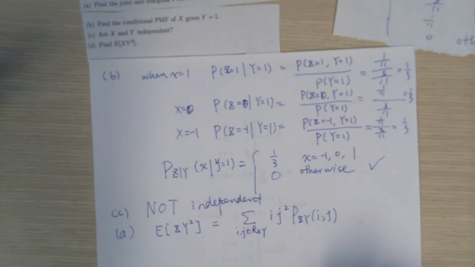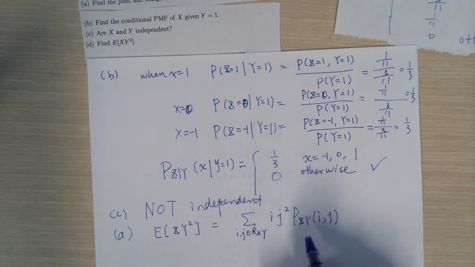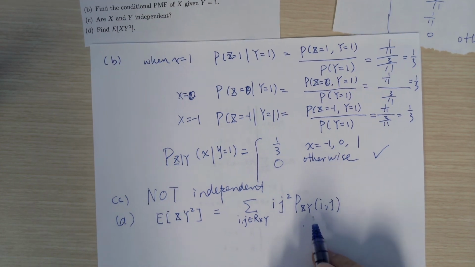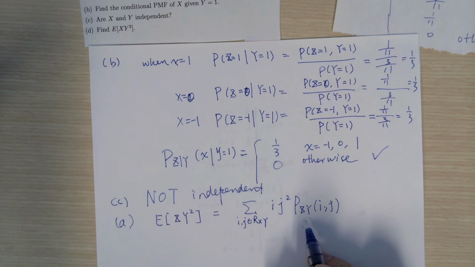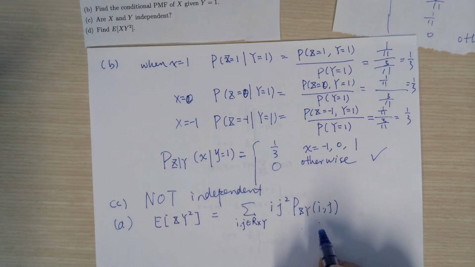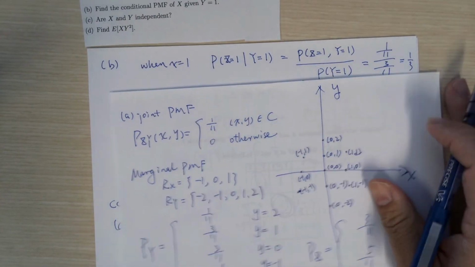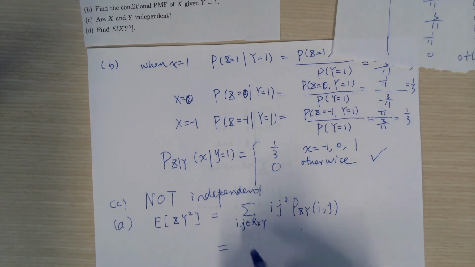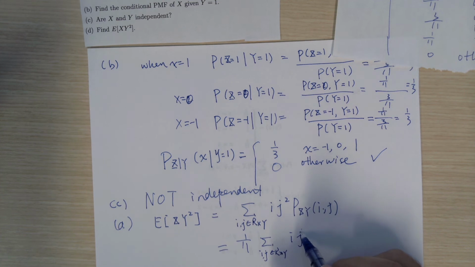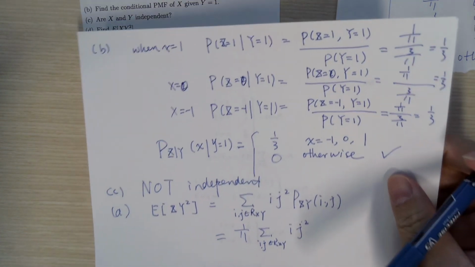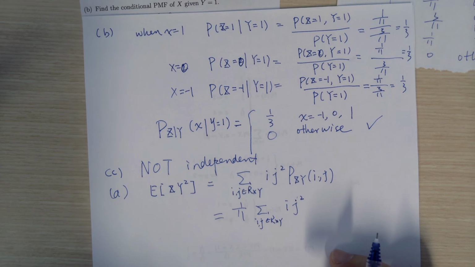Also noticing that this joint probability, the joint PMF, equals 1/11. So this becomes 1/11 times the sum over this range of X and Y of i times j squared.